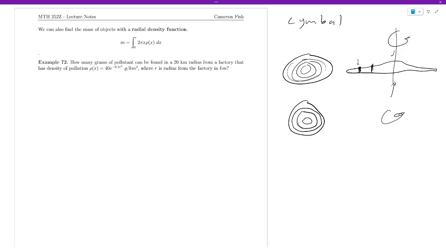And we just did shell method where we were thinking about rotating stuff around an axis. And there's a straightforward way to think of this as finding the volume using a shell method. So remember, we're not literally finding a volume. We're trying to find a mass. But the math sort of works out the same as if you were finding a volume of something whose height was given by this rho function.